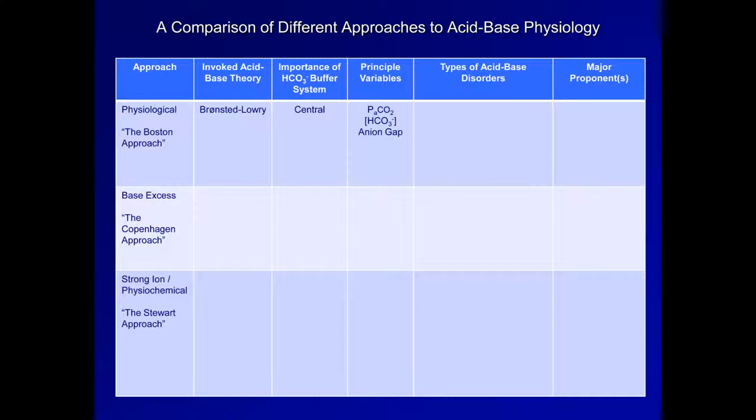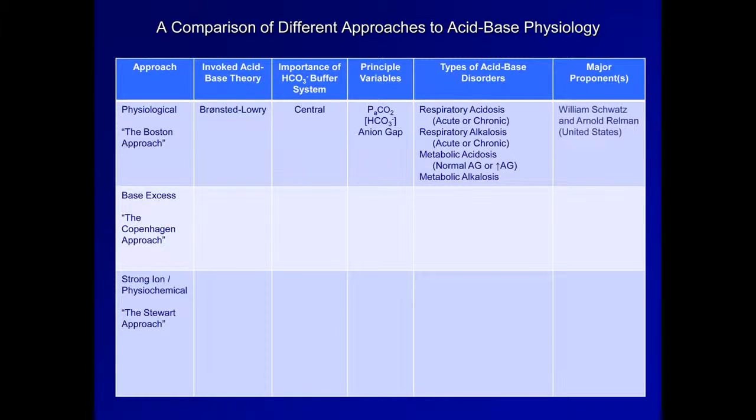Depending on how one decides to subdivide them, there are anywhere from 4 to 7 general types of acid-base disorders, including acute and chronic respiratory acidoses, acute and chronic respiratory alkaloses, normal or elevated anion gap metabolic acidoses, and metabolic alkaloses. Historically, the major proponents of this approach have been Americans, most notably William Schwartz and Arnold Relman.